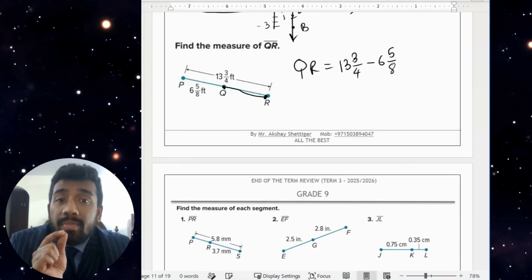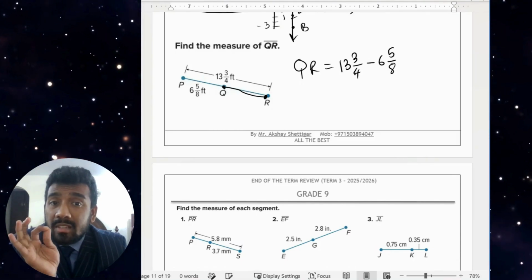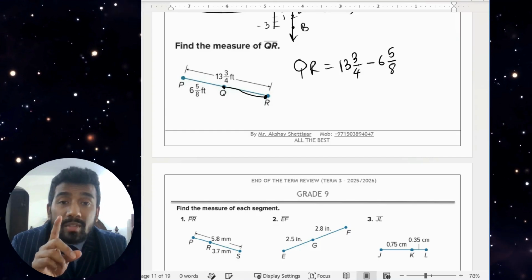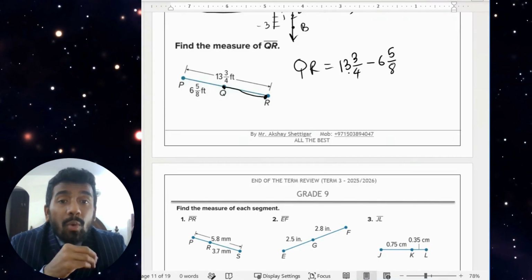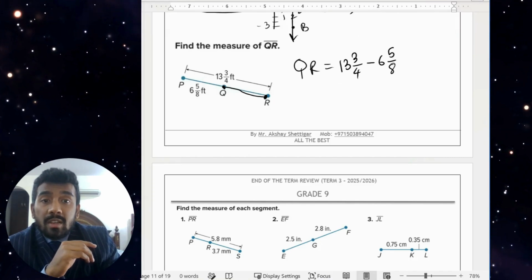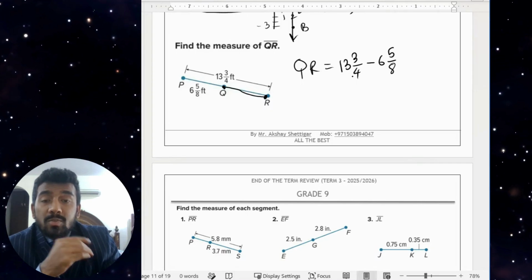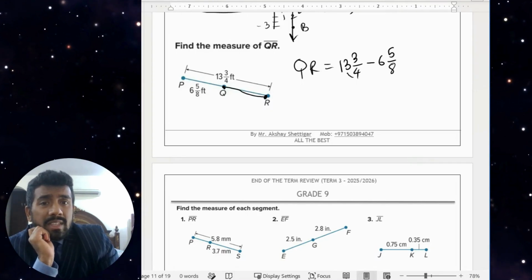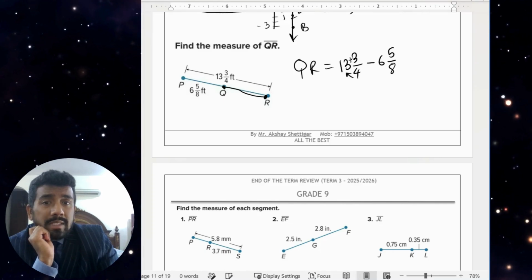Now this is not a normal fraction. This is not 13 times 3 over 4. No, this is a mixed fraction. So if you want to solve it, you have to convert this mixed fraction into a normal fraction. How do you convert it? You must have studied it in grade 5 or something. This times this and this plus this.